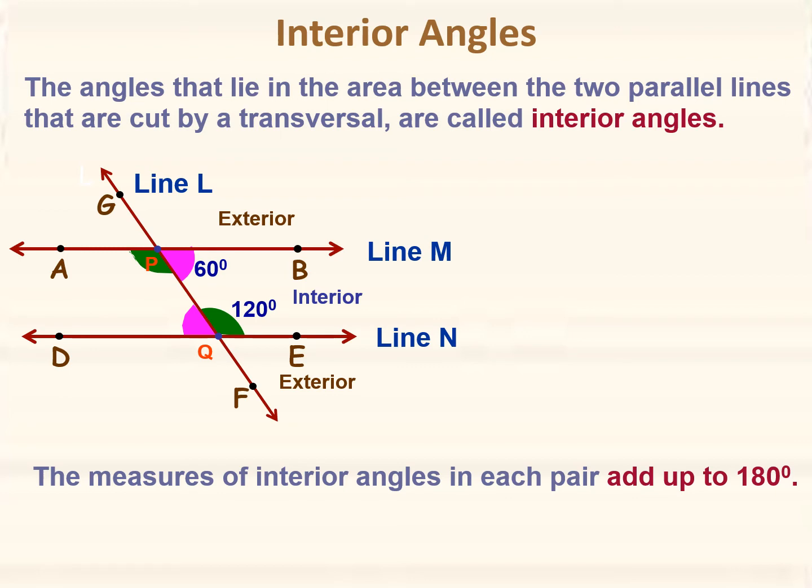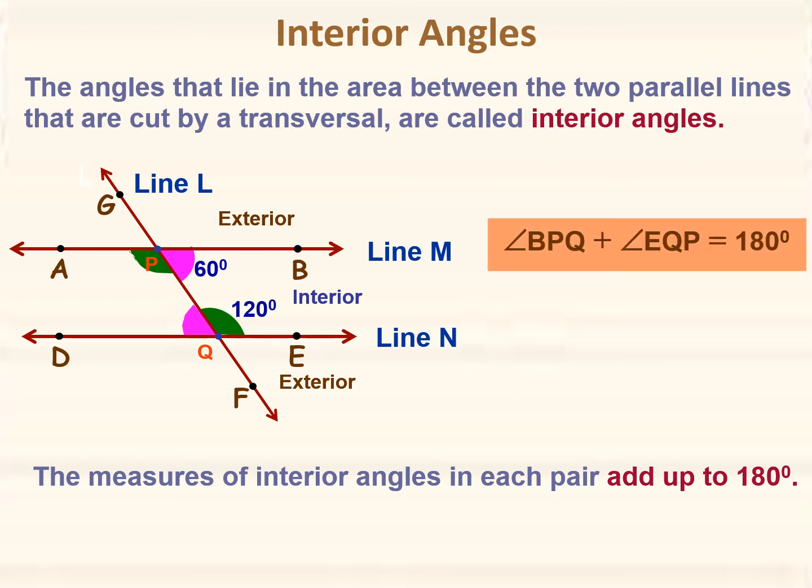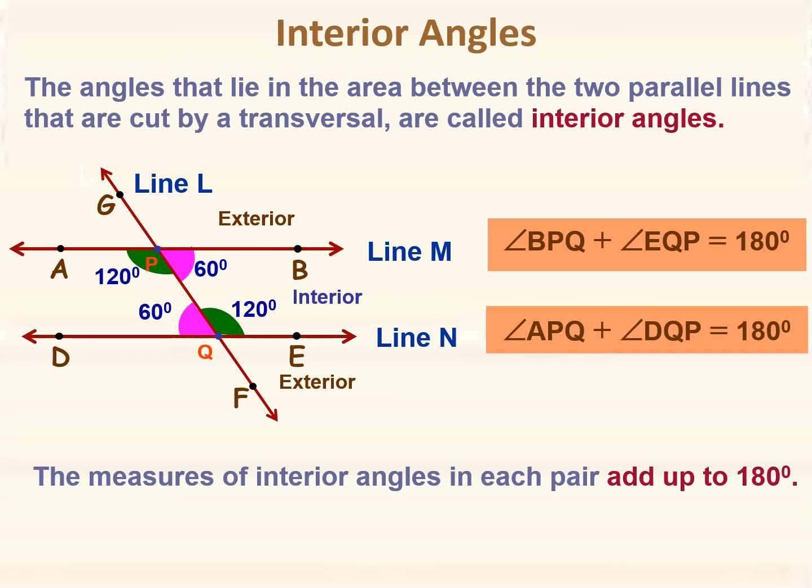So if that angle is 60 degrees, and we add it to 120 degrees, it equals 180 degrees. So angle BPQ plus angle EQP is equal to 180 degrees. Angle APQ plus angle DQP is equal to 180 degrees.